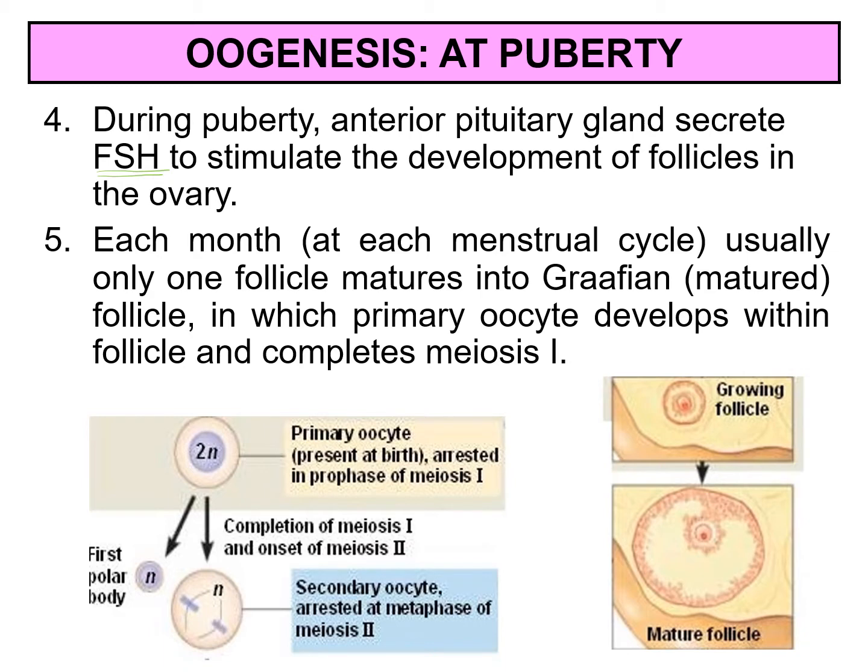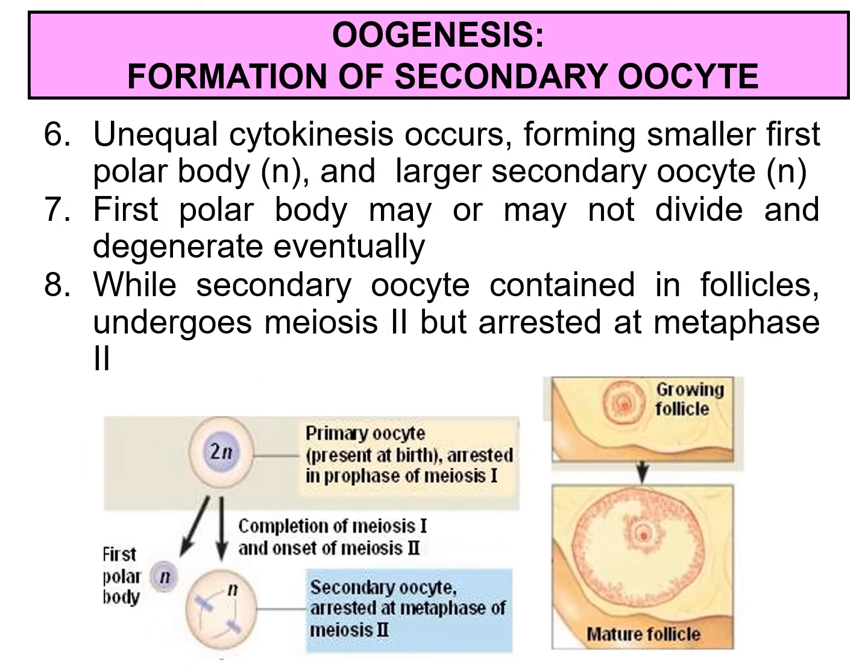So the mature Graafian follicle will contain the primary oocyte that has completed meiosis 1. So it will continue later on to meiosis 2. So this is the mature follicle and this is the oocyte, either the secondary or the primary.